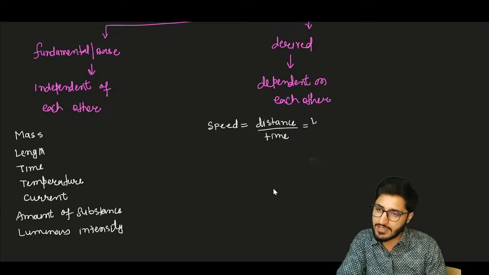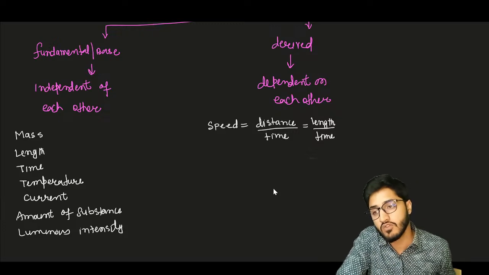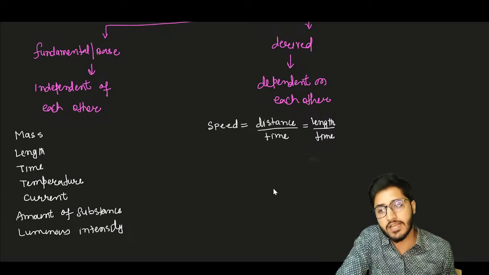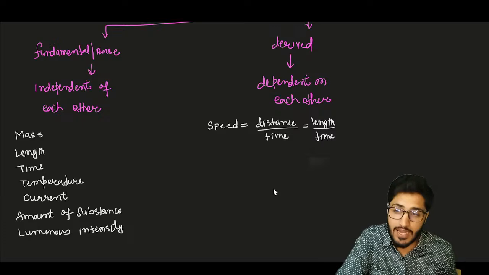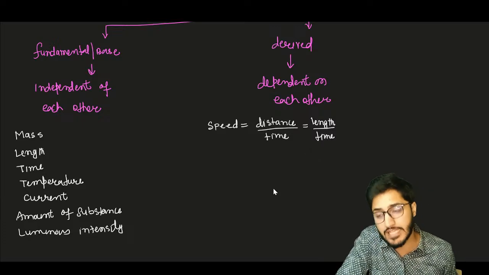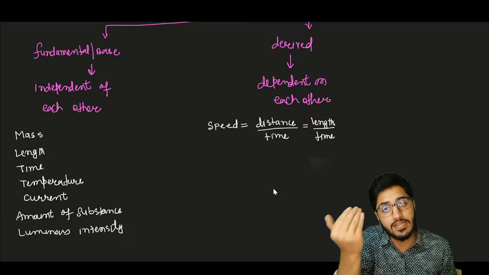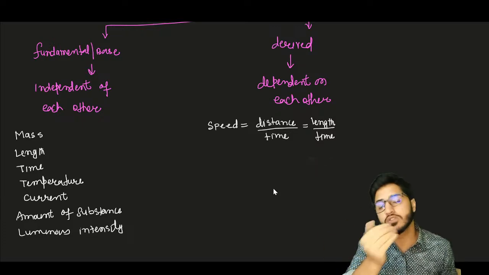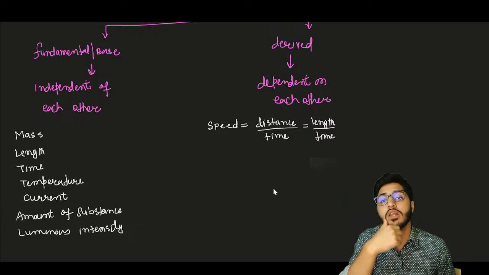Distance is length and time is time. So to get the meaning of speed, we should know what is length and what is time. So speed depends on length and time. That's why speed is a derived quantity, because it depends on the fundamental or base quantities.